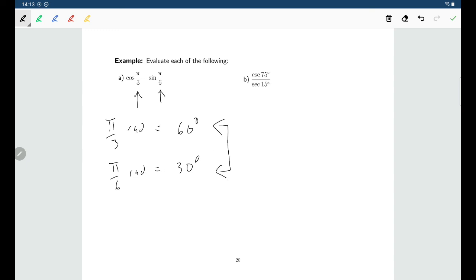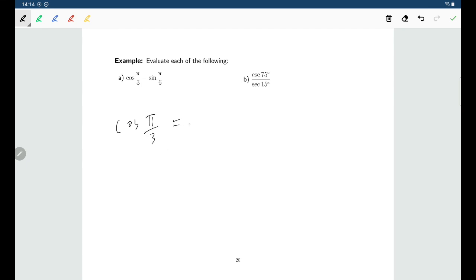They add up to 90 degrees. And so that means that cosine of 60 degrees should be the same thing as sine of 30 degrees. So cosine of pi over 3 minus sine of pi over 6, since they're equal to each other, should be equal to 0.